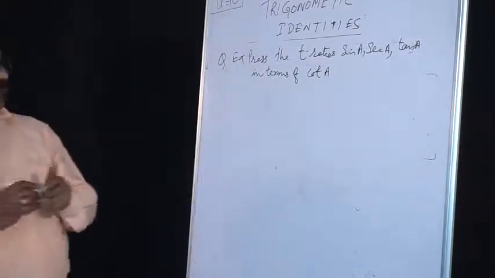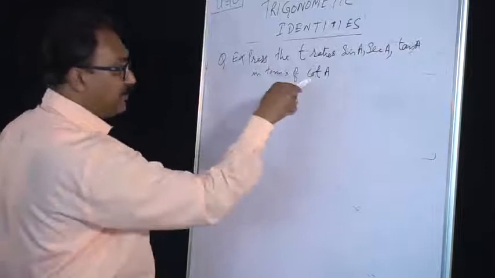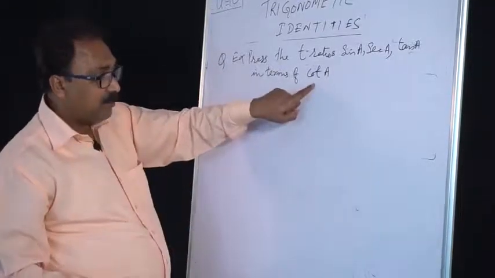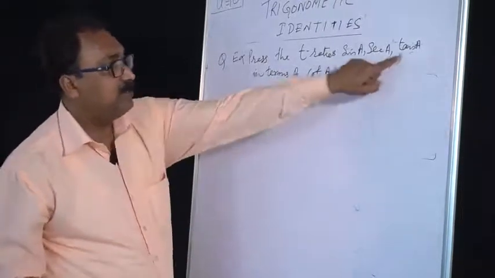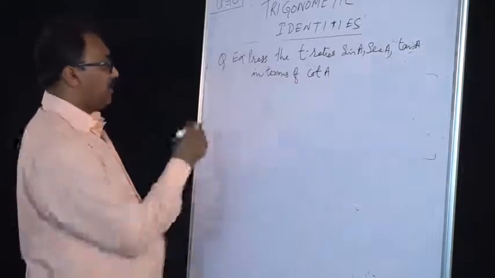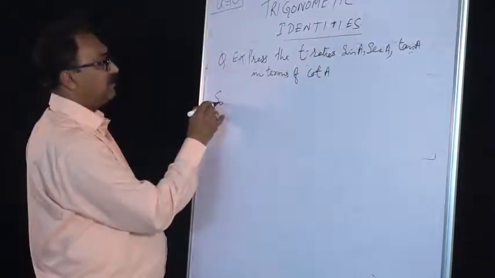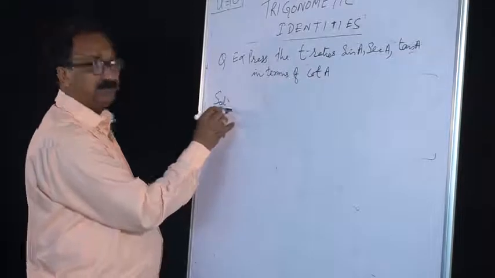So all these values have to be expressed in cot A, this also into cot A, this also into cot A. Okay? Now we start the solutions. How to utilize this? Clear?